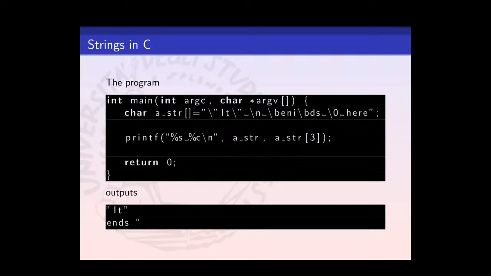If you try to print the full string and the character in position number 3 in the array, well, position 4 actually, but indexed by 3, you end up with what you can see at the bottom of the slide. You should see at the bottom of the slide, actually, because for sure you are not able, at least in class, to see it. Okay. So let's try to understand what's going on here.